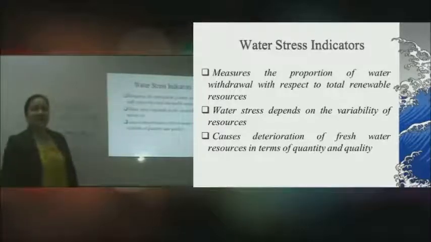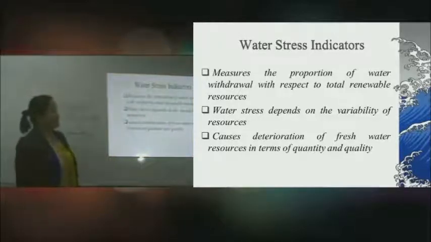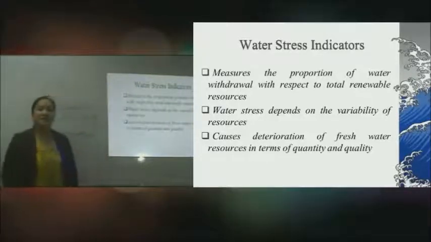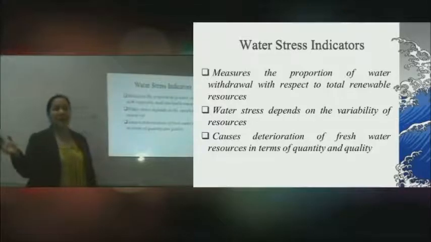So in my LCA study, I have identified the different water sources, namely the surface water, the groundwater, the recycled water, and then the possible rainwater harvesting. Then the water stress indicators would also need to identify the causes of deterioration of freshwater resources, not only in terms of quantity, but also in terms of quality. So I have characterized the different water quality parameters for each of these sources of water.